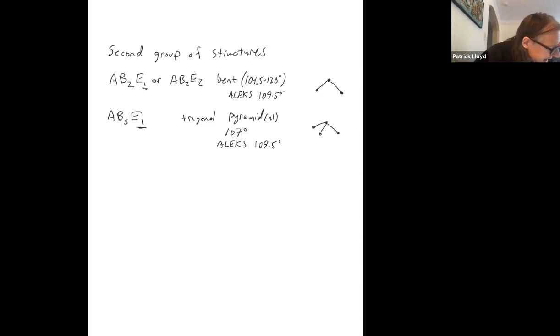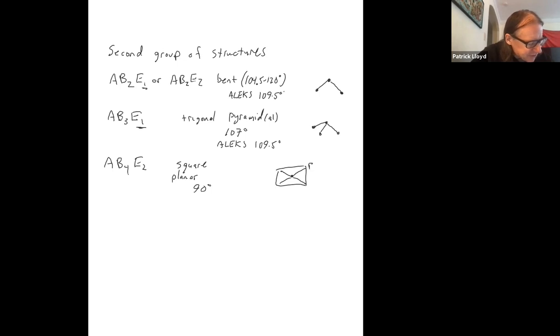Now here's another one, AB4E2. And this one is called square planar. And the angles are 90. So you have the central atom, and then it makes a little box, like a square. It's a square and it's flat. So your B's are right here.